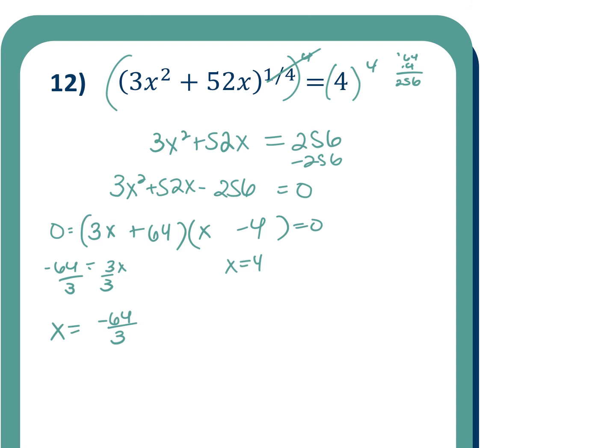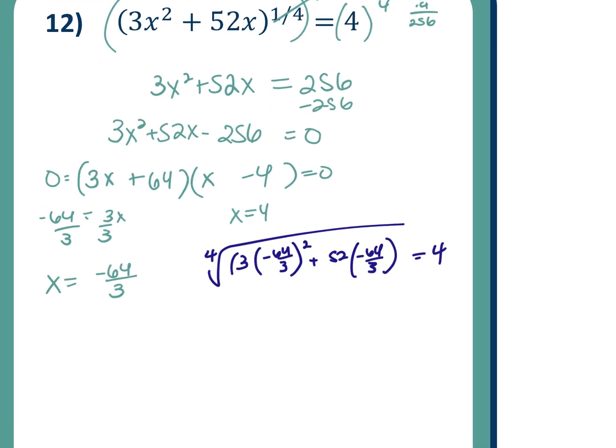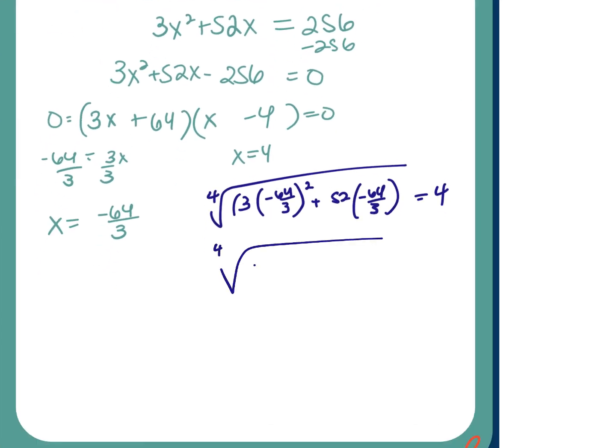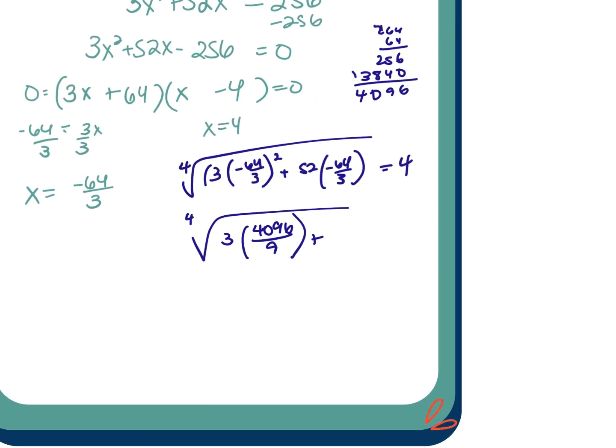Go back through the process of checking. So 3 times negative 64 over 3 squared plus 52 times negative 64 over 3, all underneath the fourth root, or raised to the 1/4, which is the same thing, equals 4. So the fourth root of 3 times 64 squared over 9. 52 times, I'm just going to use my calculator to save time.